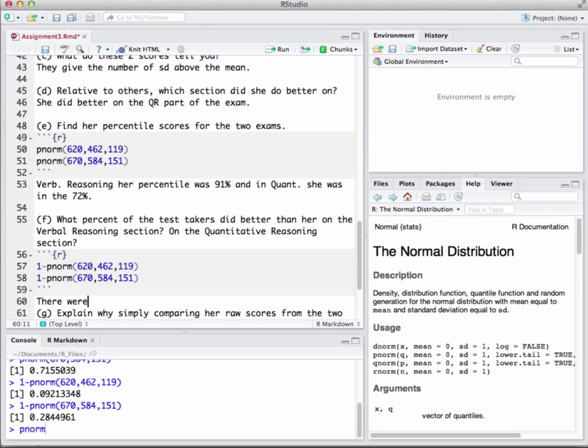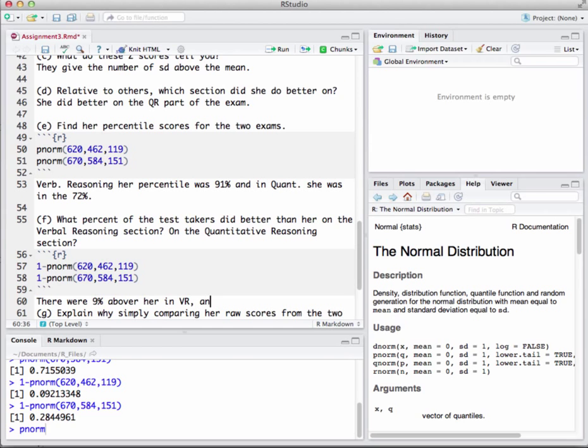and one of the important things in this class is that you make sure you don't give just the numbers, you give their meanings also, that you actually report. There were basically 0.09, or 9%. So there were 9% above her in the verbal reasoning.